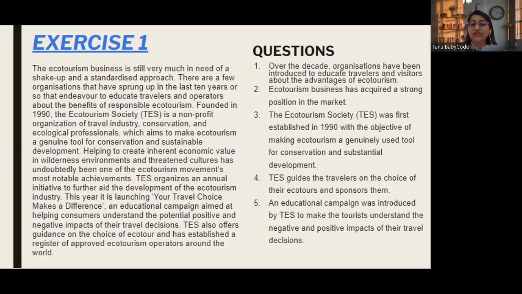Second question, ecotourism business has acquired a strong position in the market. Now let's look for whether ecotourism has acquired a strong position in the market or not.